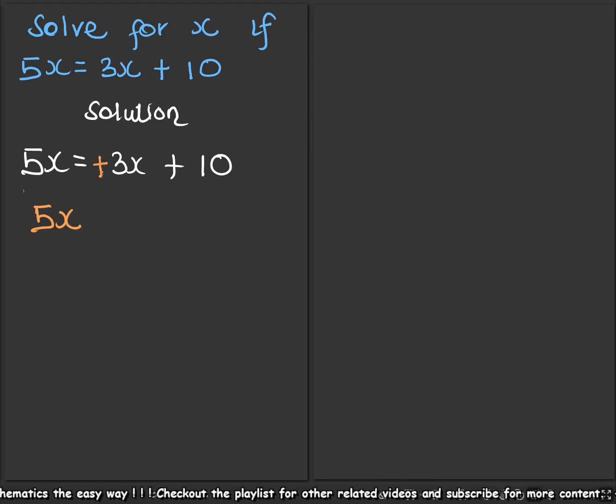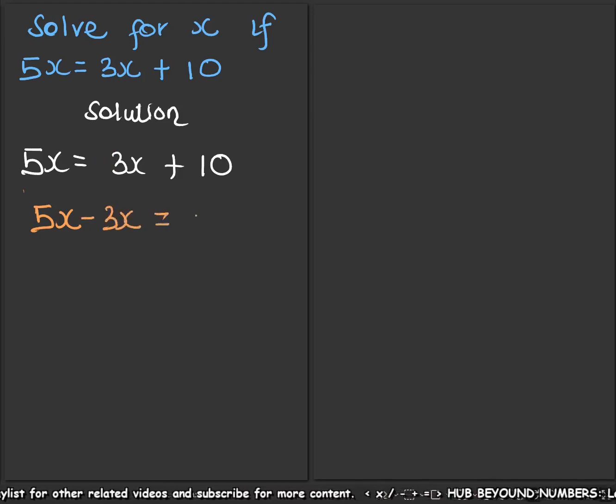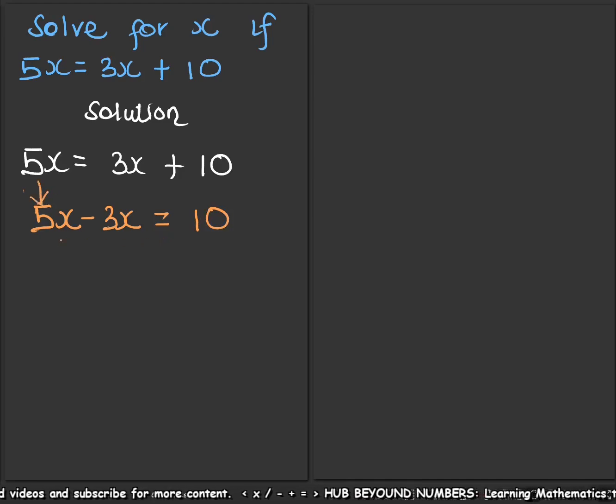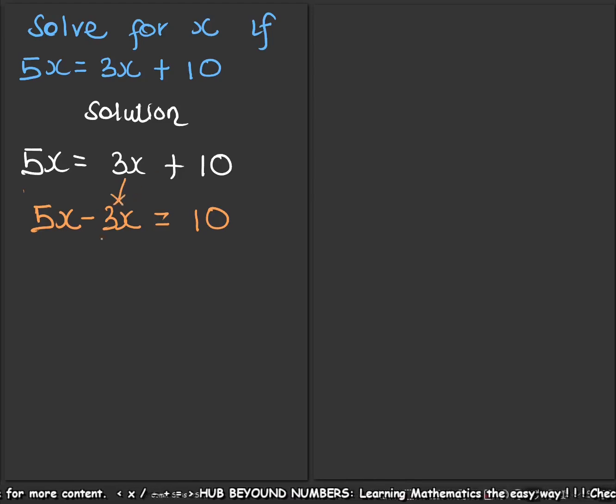It means it's a positive integer, and if it moves to the other side we are going to get a negative 3x is equal to 10. So as you can see, our 5x has been written, and also our 3x has been moved to the left hand side to become a negative 3x.